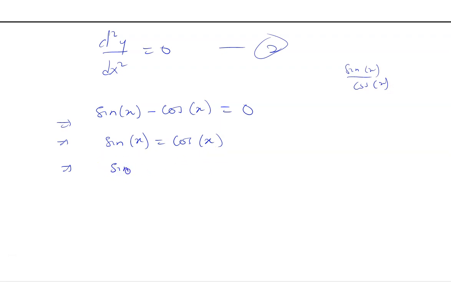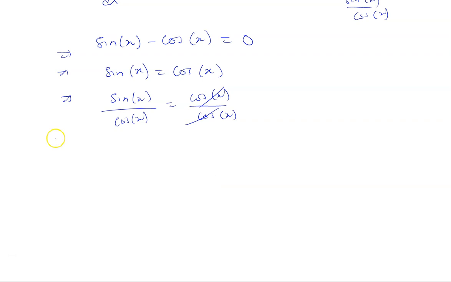So I'll get sine x over cos x equal to cos x over cos x. This cancels this one.